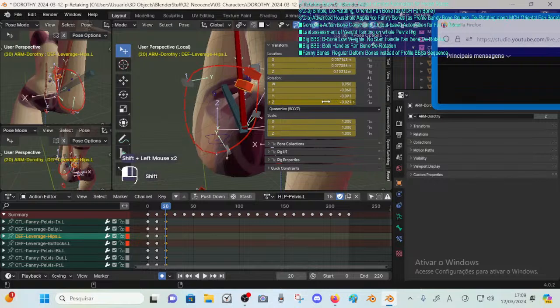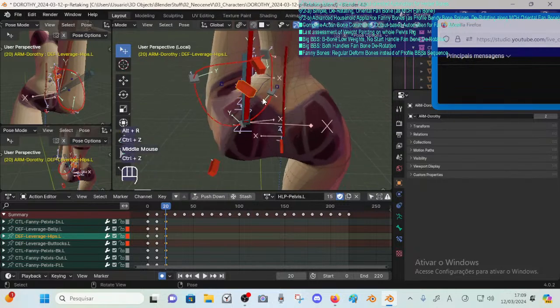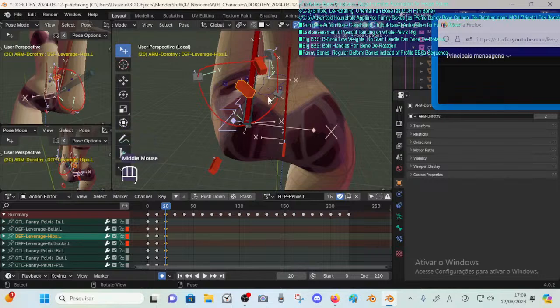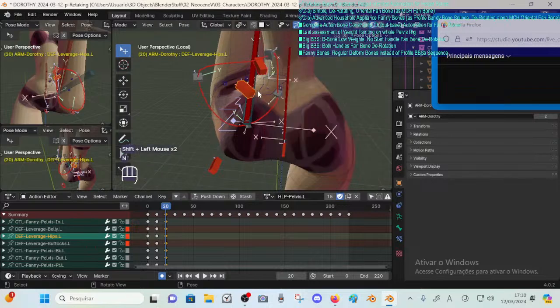I must know that this is radians, so actually it's very small. Not reset, just. If I reset, oh, that seems a lot, right?